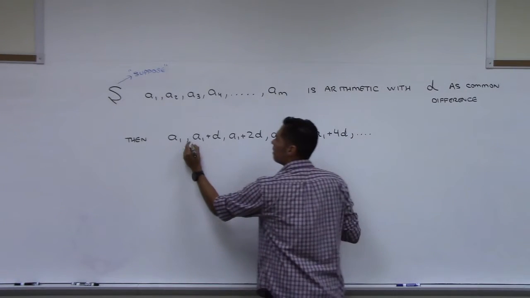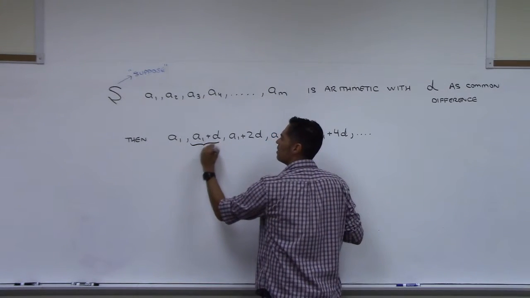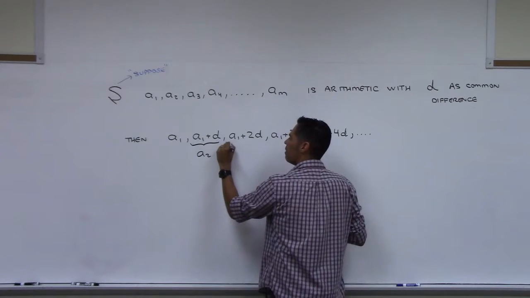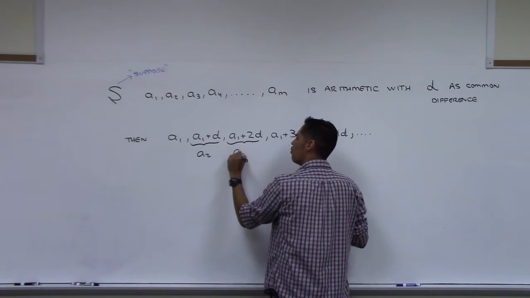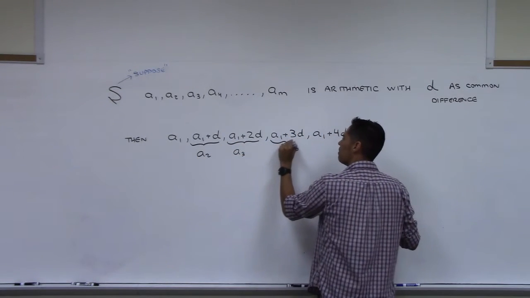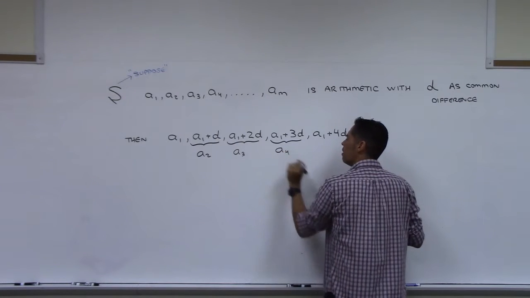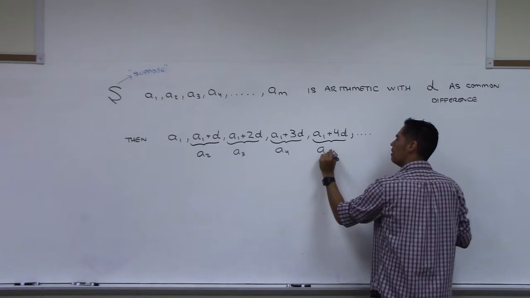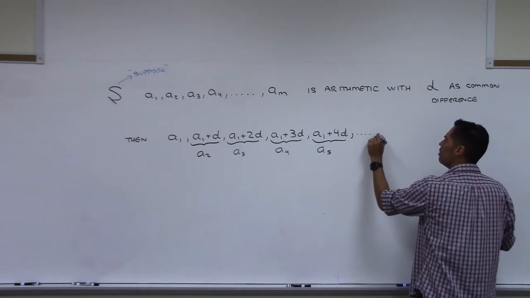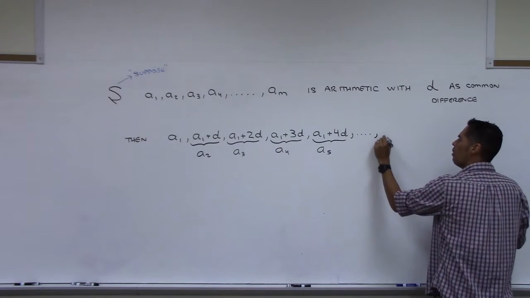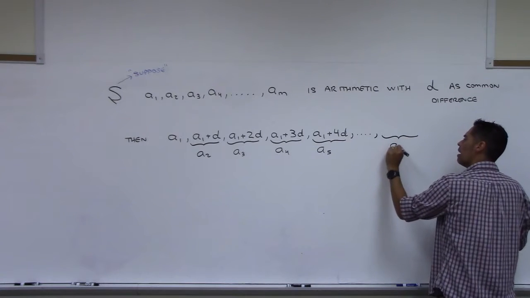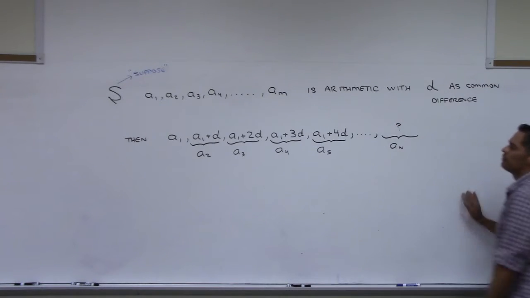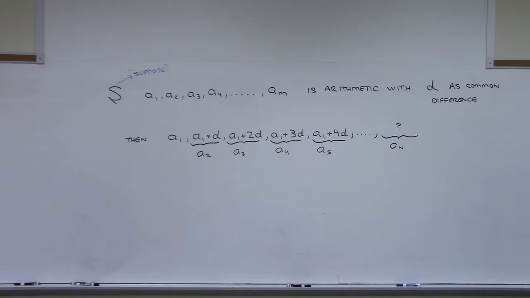What would the nth one be? So this one right here, this is my second one. This is my third one. This is my fourth one, right? This one would be my fifth one. So my question to you is, what would the nth one be? So there's a pattern here.